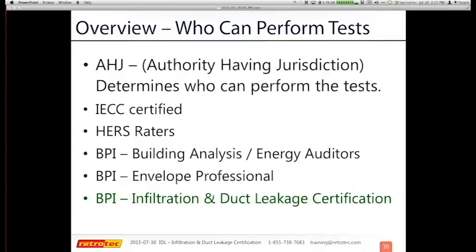So this is the first question I ask when a state kind of adopts the 2009 code: who can perform the visual inspection of the air sealing checklist? There is no blower door requirement if you do a visual check. So there's 17 items that go along with doing this visual air sealing check. If you do this, then you don't have to do a blower door, because clearly you can go around and see leaks before they'll occur or have no pressure difference.